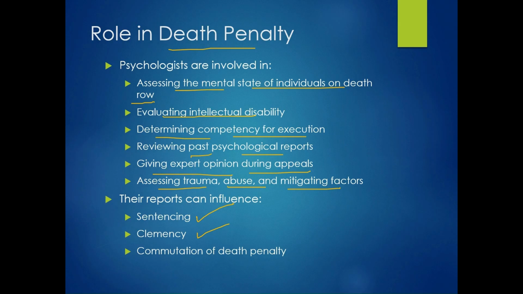And there would be commutation of the death penalty, which means changing the death penalty to some other form of punishment, maybe another 10 or 14 years of imprisonment, right? So clemency means giving mercy, commutation means changing the death penalty to something else. The reports of the psychologist would help the court to decide how to go ahead with the person. So this is the role in the death penalty.